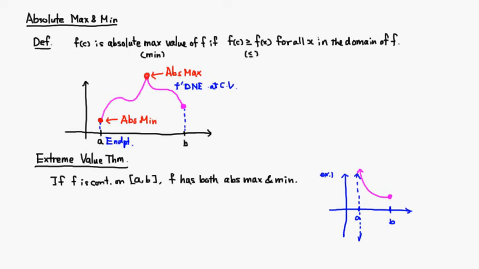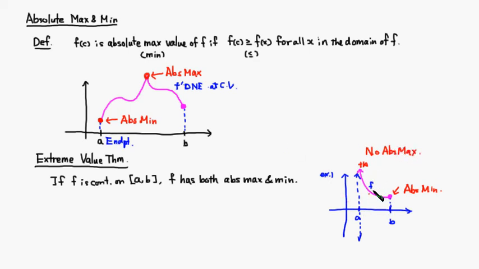Alright, so you can see that in this graph, this function f would have the absolute minimum, which is right here. Absolute minimum. However, since this guy shoots up to positive infinity, there is no absolute maximum, right?